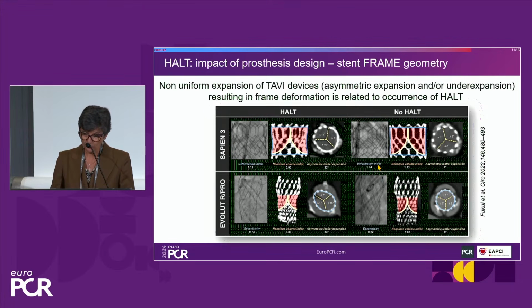You see on the right part of the slide a very nice expansion of a balloon or self-expanding valve with no HALT. And on the left part you see that an asymmetric or under-expanded platform could be related to the occurrence of HALT, and this is true for the SAPIEN and for the Evolut platform in this study.